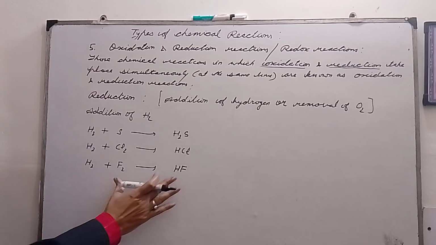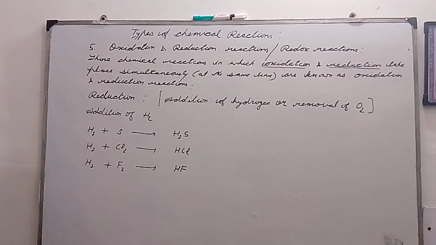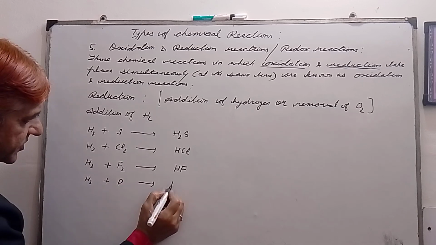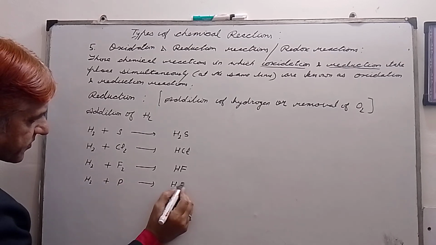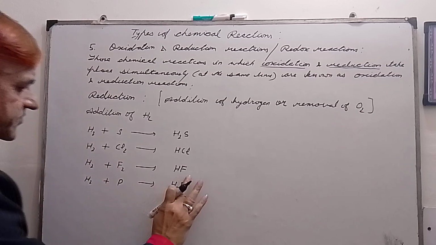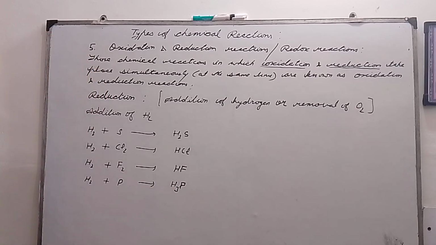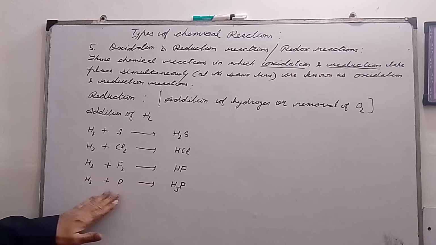So again, this is a reduction reaction because hydrogen is getting added. Similarly, hydrogen plus phosphorus is equal to hydrogen phosphide. So here also in this reaction, hydrogen is getting added, so this is also reduction.